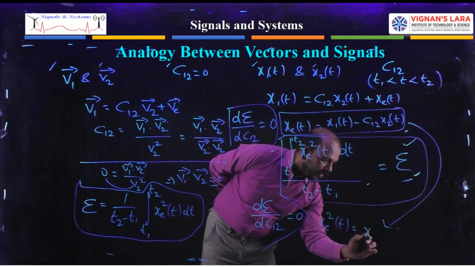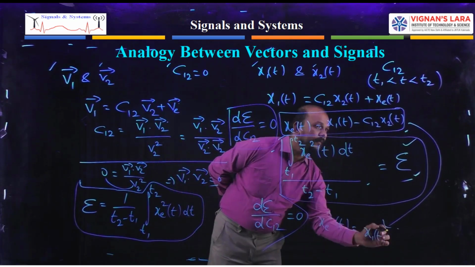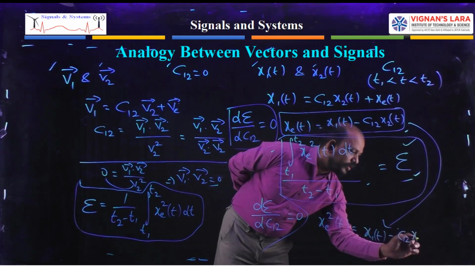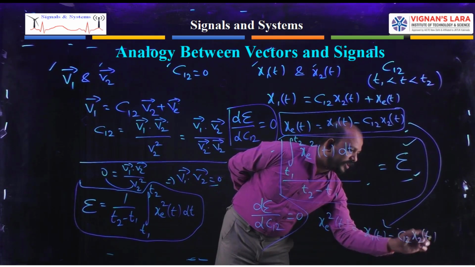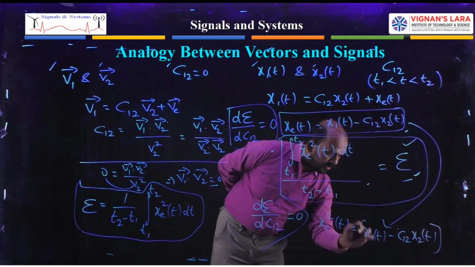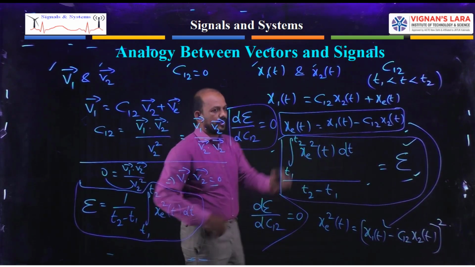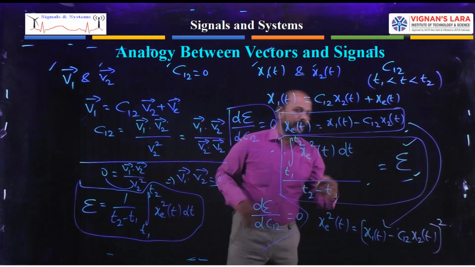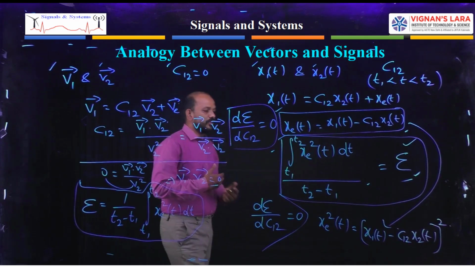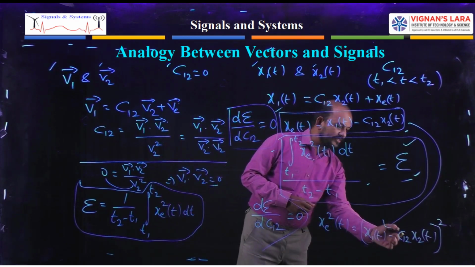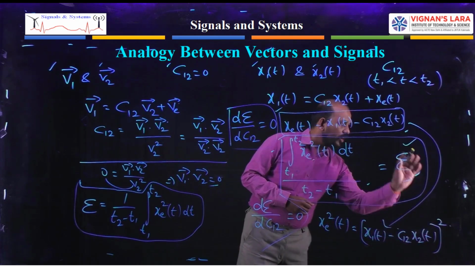So x1 of t minus c12 x2 of t, whole square. Simple, because we all know this xe of t. Now I am going for the square of that value. So xe square of t will be equal to x1 of t minus c12 x2 of t whole square.